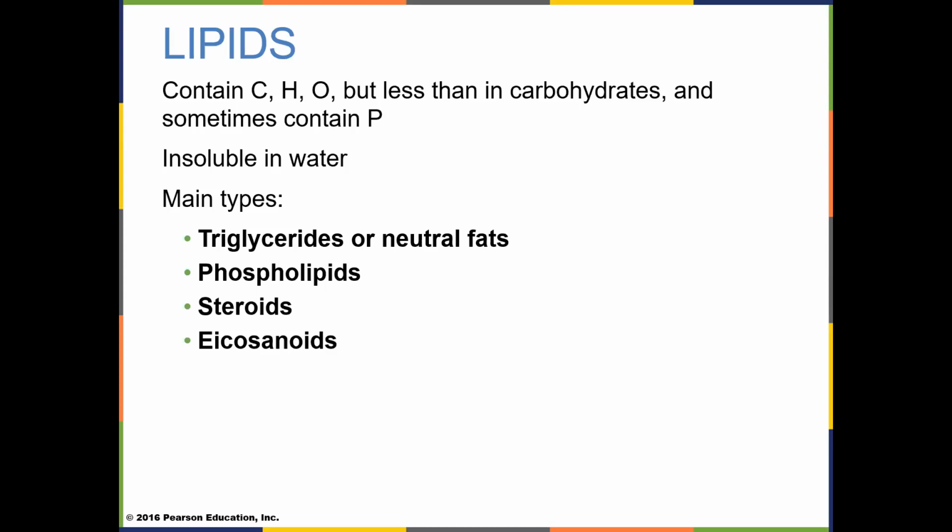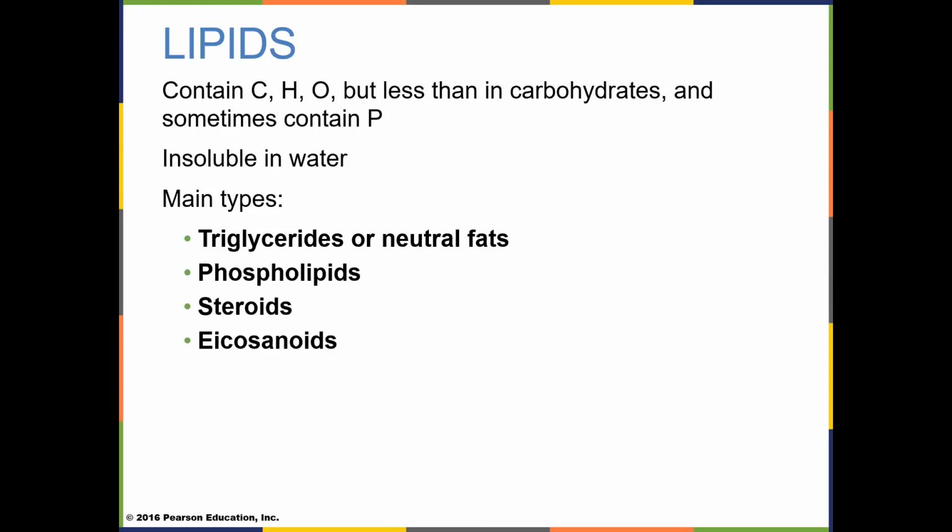Still organic molecules, still containing carbon, hydrogen, and oxygen. It's not always a 1 to 2 to 1 ratio like it was in sugars. Sometimes we throw phosphorus in there. Sometimes we have some unusual ring structures in the lipids. So we've got the triglycerides, those are the neutral fats.